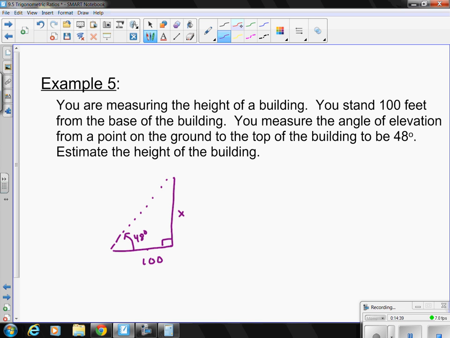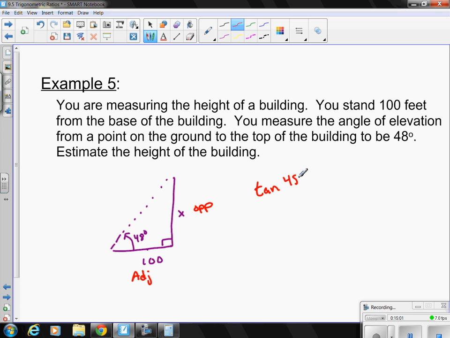So to do this, you got to look at what sides we are given. From this reference angle, this is my opposite side, and this is my adjacent side. So what ratio compares opposite and adjacent? That is your tangent ratio. The tangent is opposite over adjacent.